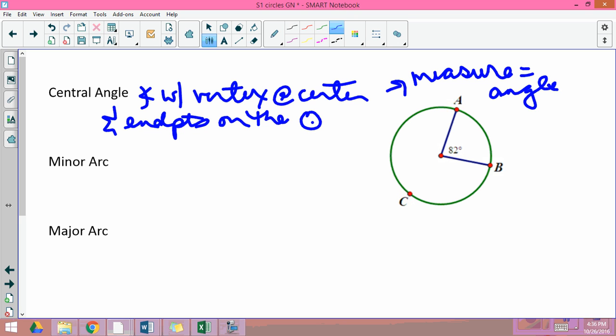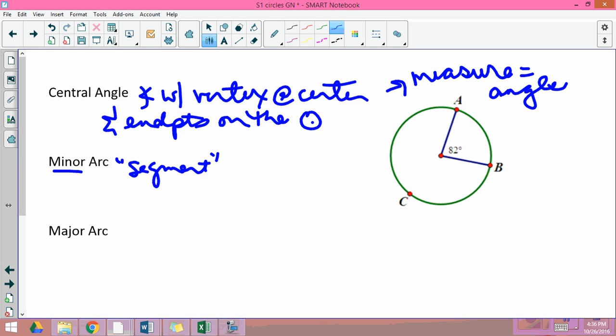So when we talk about a minor arc, we're talking about a segment, a portion of the circle's outer rim. So a portion of even the circumference, if you kind of want to think about it that way.